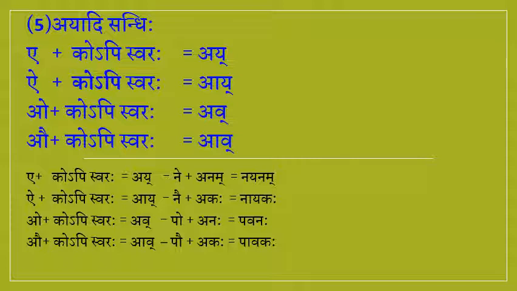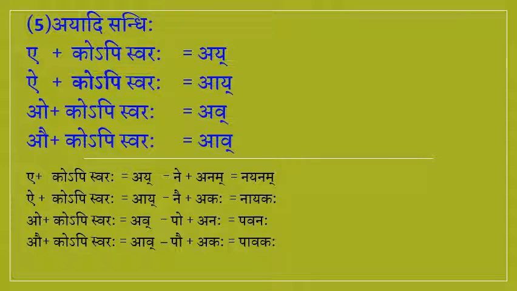For example, ne plus anam. The word ends with e, and the next word begins with any vowel, here a, anam. We keep the anam as it is and should not remove it. We should not do lopa there. We remove only the e in ne, and it becomes n, and we bring ay, a.